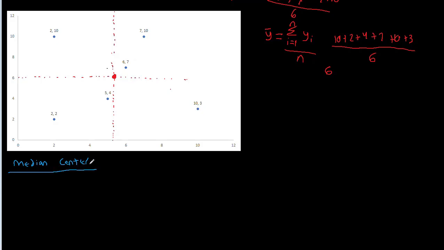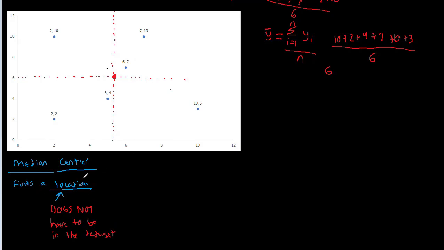So the definition of median center is that median center finds a location, and the key thing here is that this location does not have to be in the data set. I'm going to write that in red here. It does not have to be in the data set.